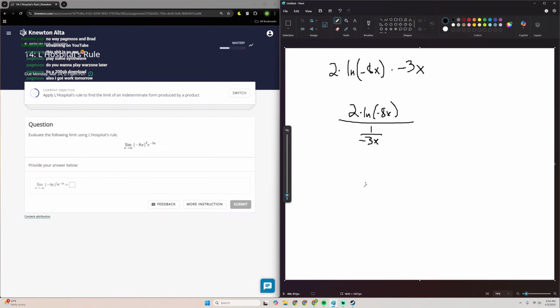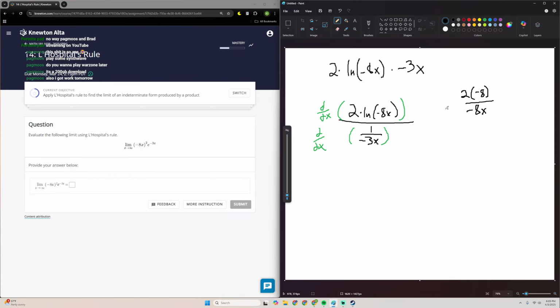What was the problem last time? They kept the ln together, but this is just a simple ln. And yeah, it is just a simple ln, or a natural log. And so natural log of 8x is just 1. Taking the derivative of top, d over dx, and it just becomes blah blah blah. 2 goes on top, multiplied by negative 8 divided by negative 8x.